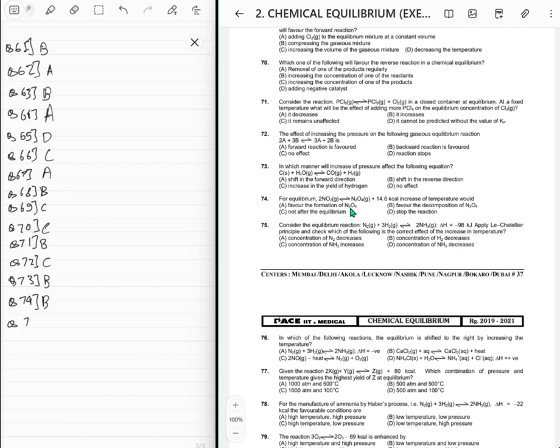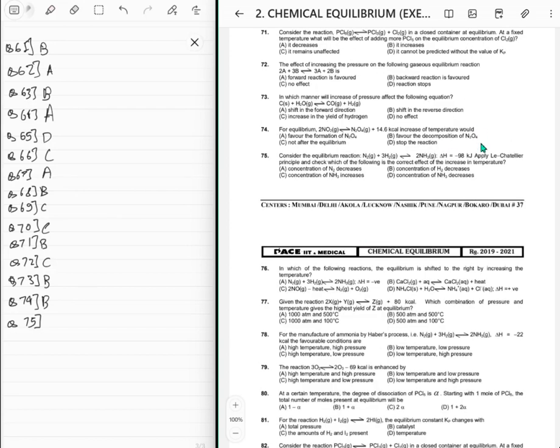Question number 75. Consider the equilibrium reaction. Apply Le Chatelier principle, and check which one of the following is the correct effect of the increase in temperature. Fine.